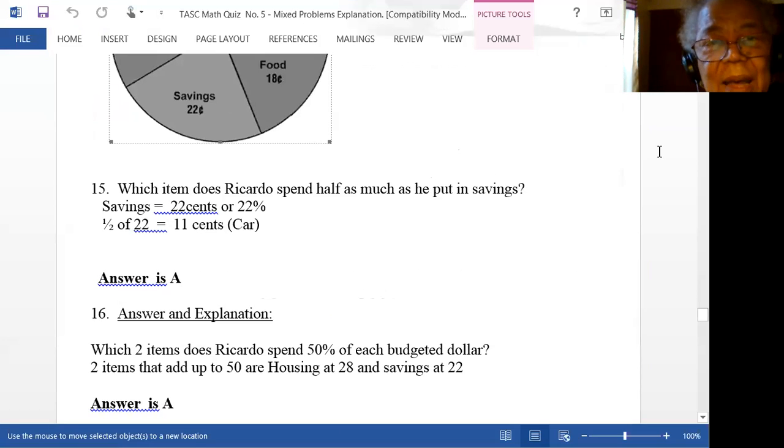Okay, what adds up to 50 cents? Okay, when we look at our pie chart here, we have what? 28 for housing and 22 for savings, which adds up to 50.